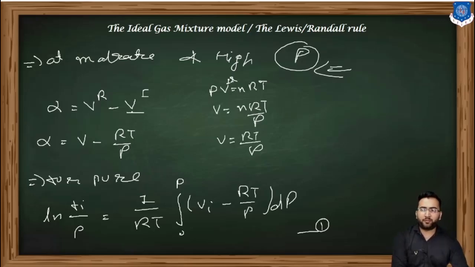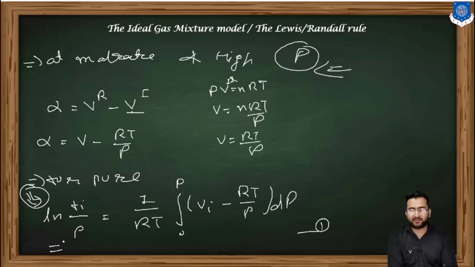So this is for the pure component. In the same way we can write it for the mixture. How this equation comes, we will discuss in the measurement of fugacity by different methods in a further lecture. So just remember this equation right now.